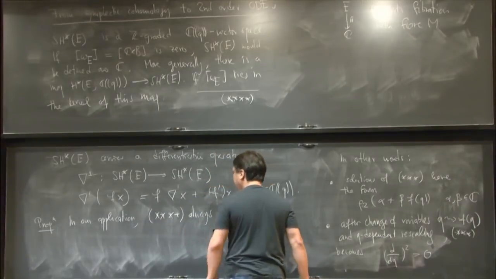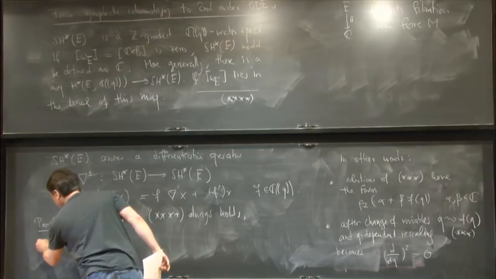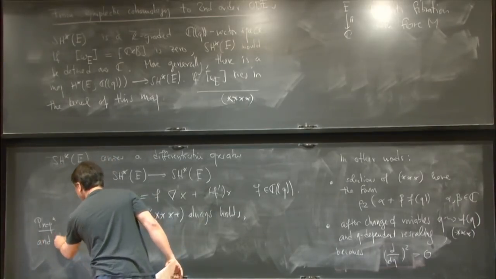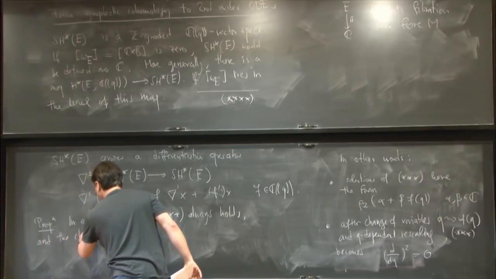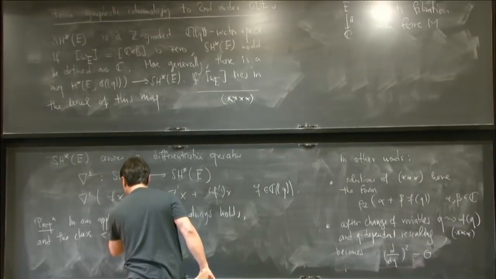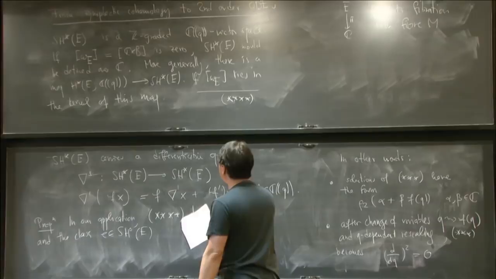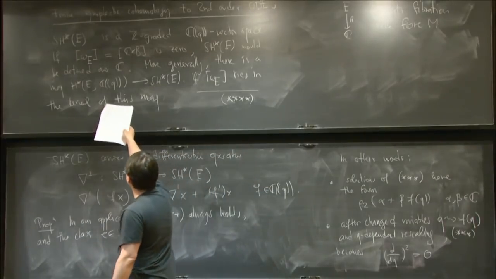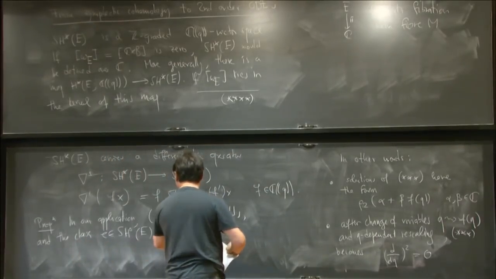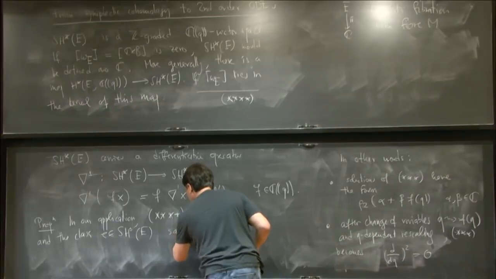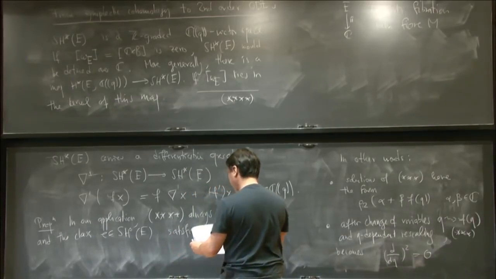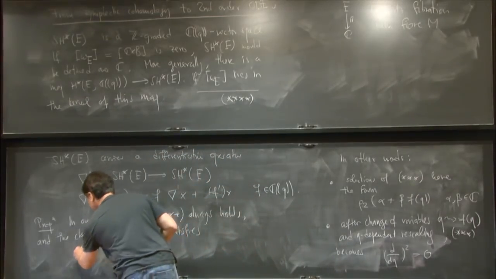Okay, and the class. So this is the class, the unit class, which is just the image of the identity class under this map. Okay, satisfies this one here.